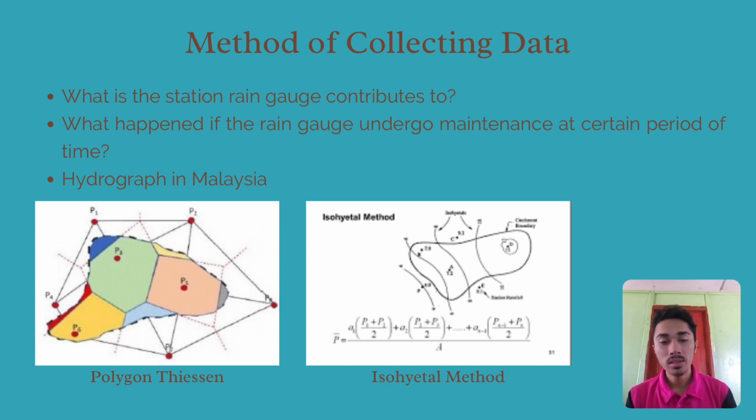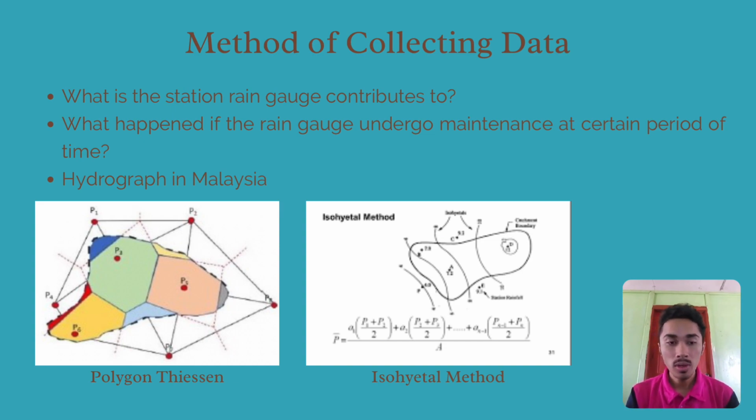Meanwhile, for the isohyetal method, we calculate the average data by using the isohyet lines, which we construct by looking at the data we get from the gauges or stations.